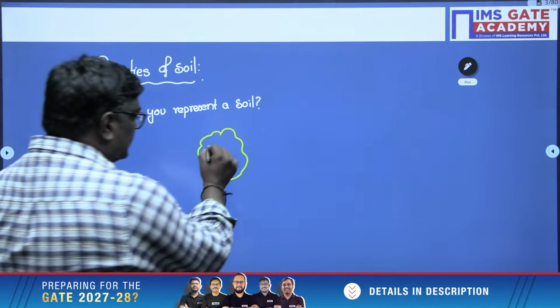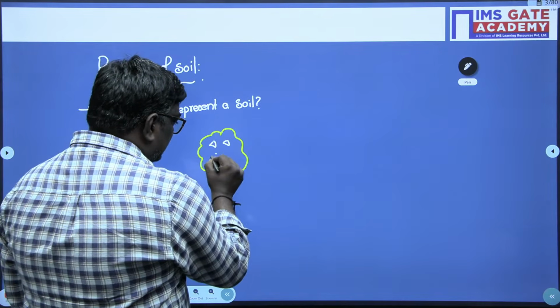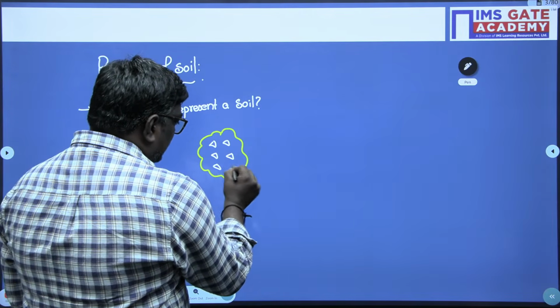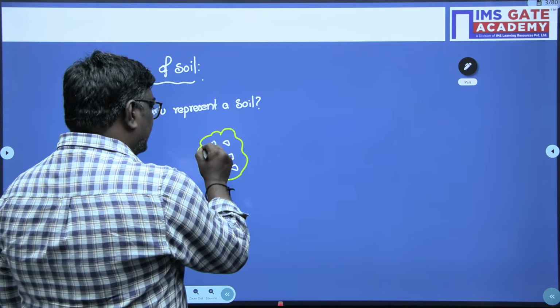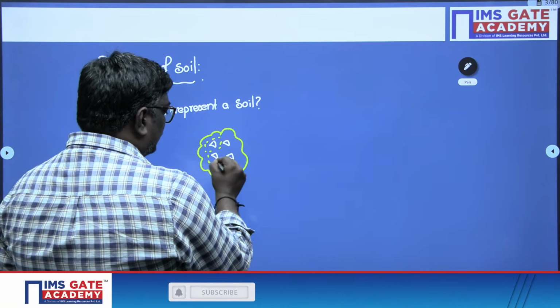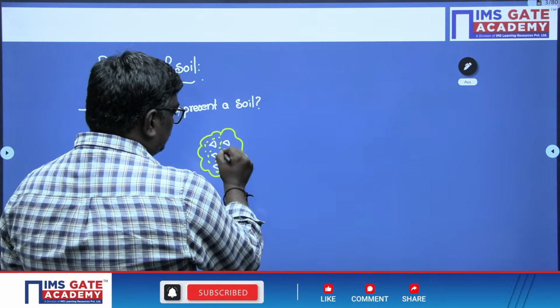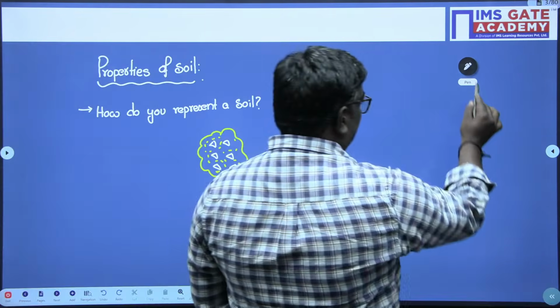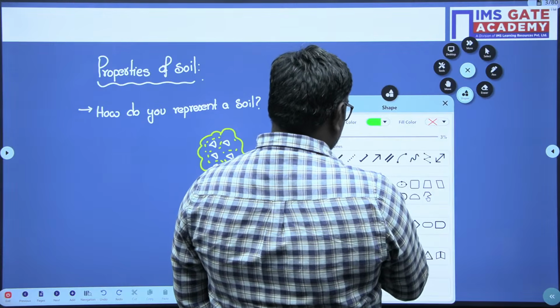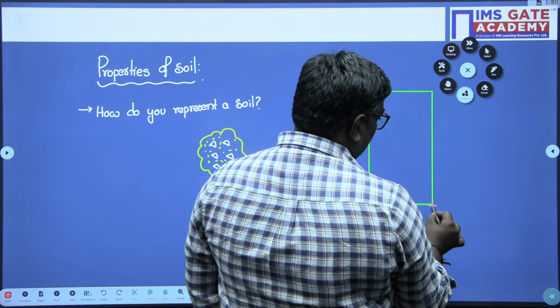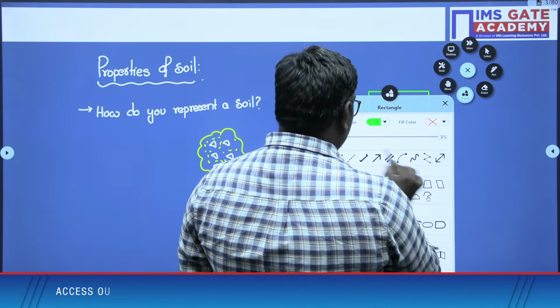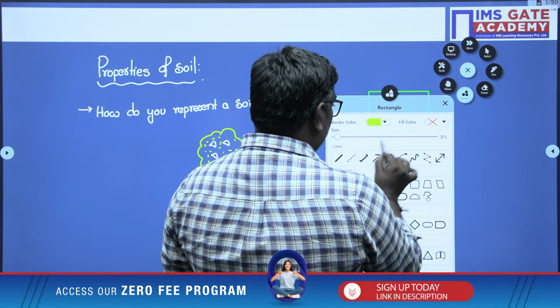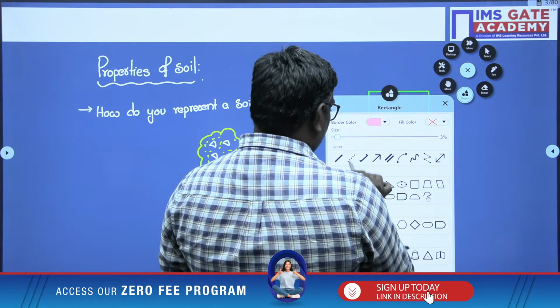In that there will be some soil particles, and the voids will be filled with either air or water. Now, my dear students, let us see a three-phase diagram, also called a phase diagram.